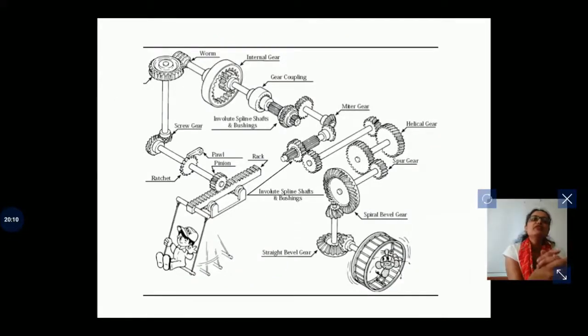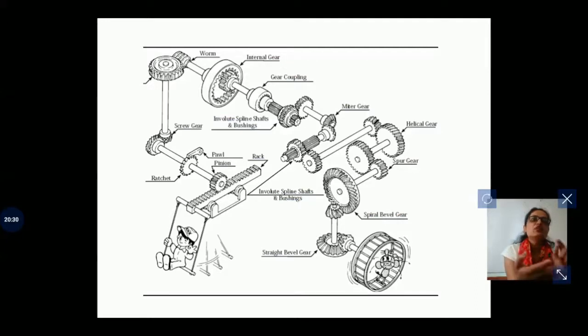So here we finish with all types of the gear. First category is according to position of the shaft. In this we have the parallel axis position, then intersecting axis position, and non-parallel non-intersecting position. In parallel position we have the spur gear, helical gear, and rack and pinion.